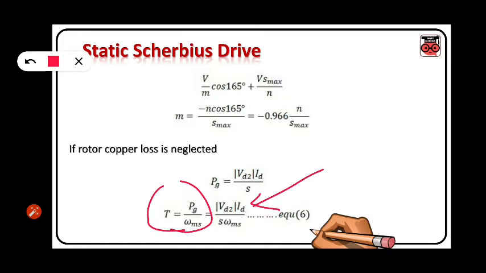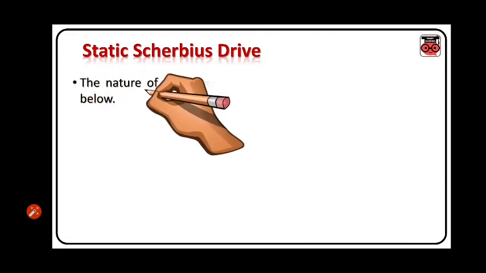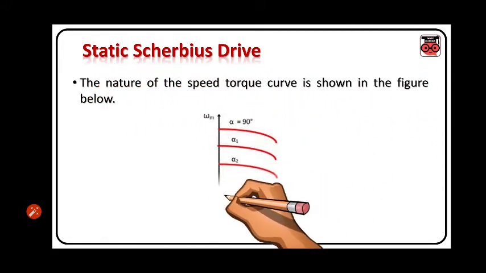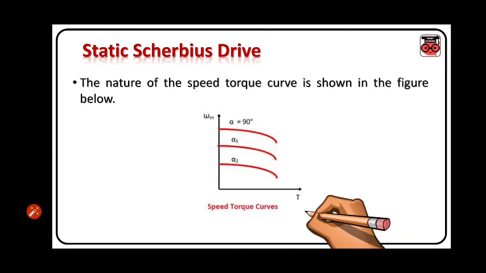Finally, we get Vd2 into Id upon S wms. Consider this equation number 6. So the nature of the speed torque curve is shown in the figure below. Here you can see the characteristic of speed versus torque.